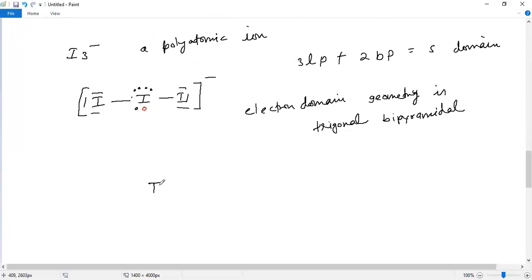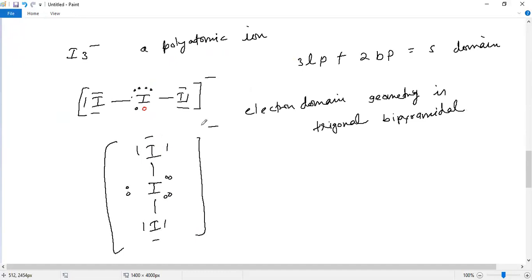So we can write the structure something like that. The 3 positions of the triangle are occupied by lone pairs, and just the top and bottom positions, above and below the plane of this triangle, are occupied by the iodine atoms. This is referred to as a linear structure. The actual shape is called linear.